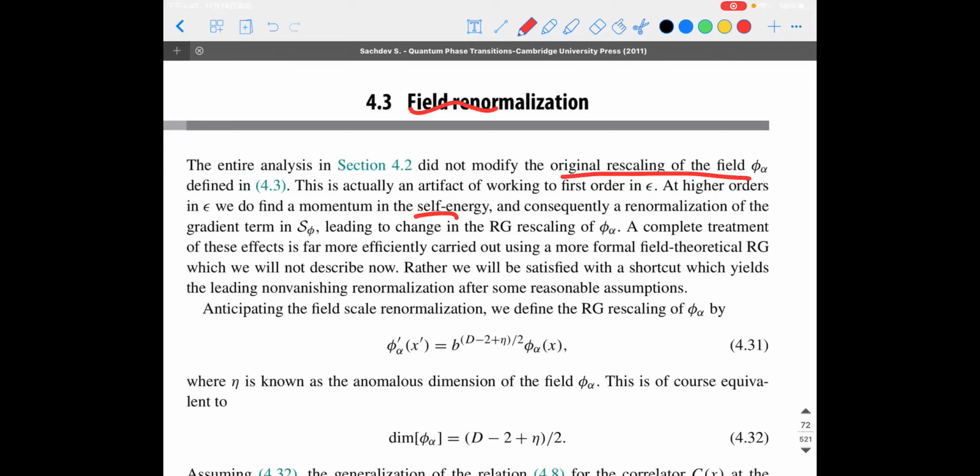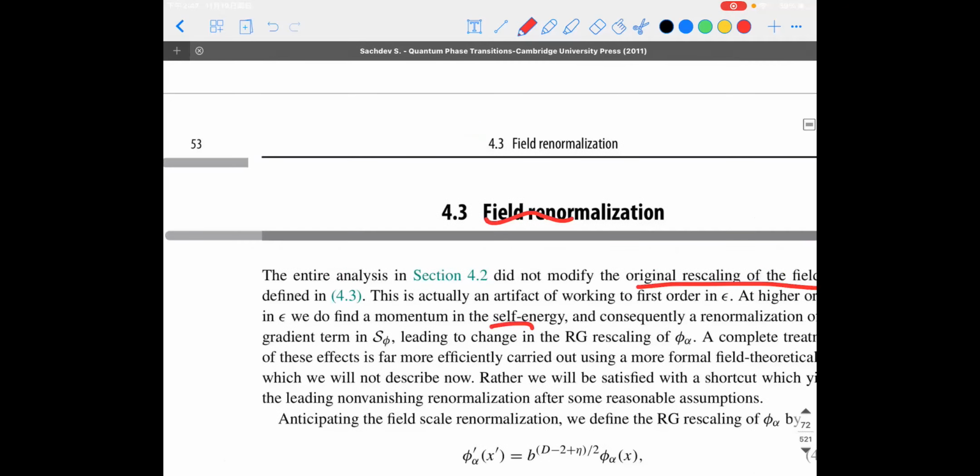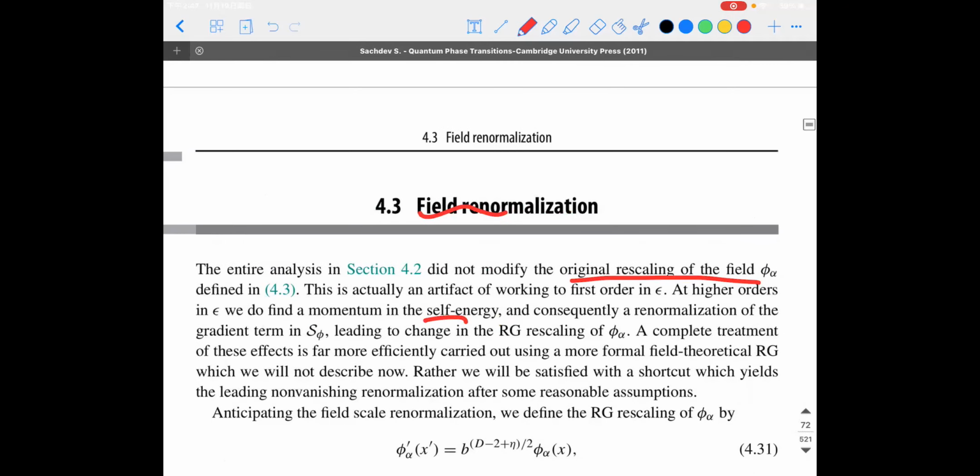For the one loop case, you notice that in the formal epsilon expansion, we just use the one loop summation for the self-energy. But in high orders, we need to consider the two loop correction. So this will give a renormalization of the gradient term. So we need to choose the RG scaling for phi.